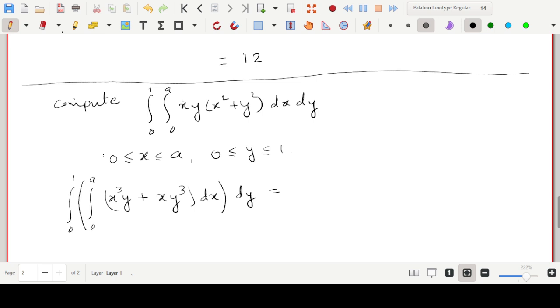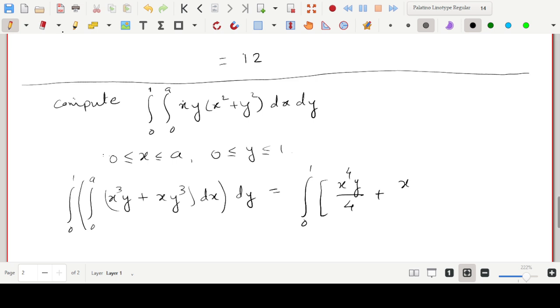So x cube y, since y is a constant, and the integral of x cube is x power 4 over 4. So x power 4 y over 4 plus xy cube. So x square over 2 is the integral of x, y cube is a constant.